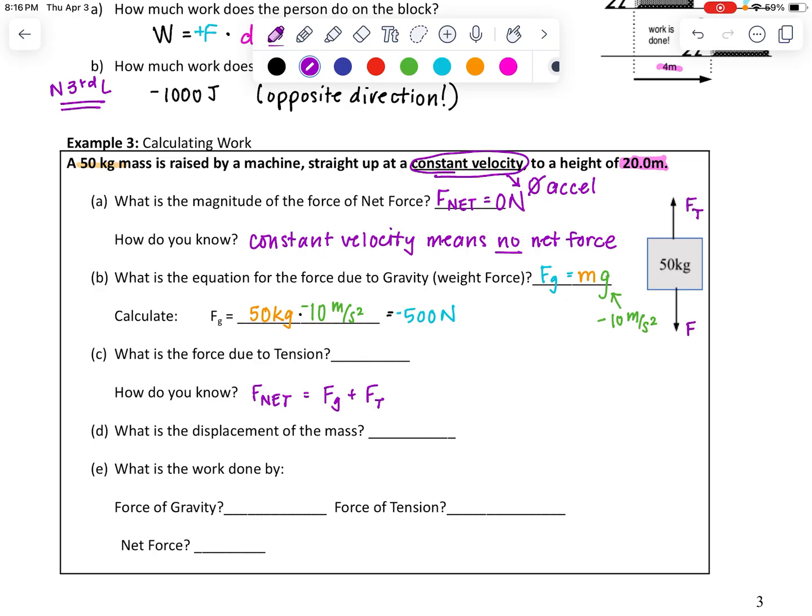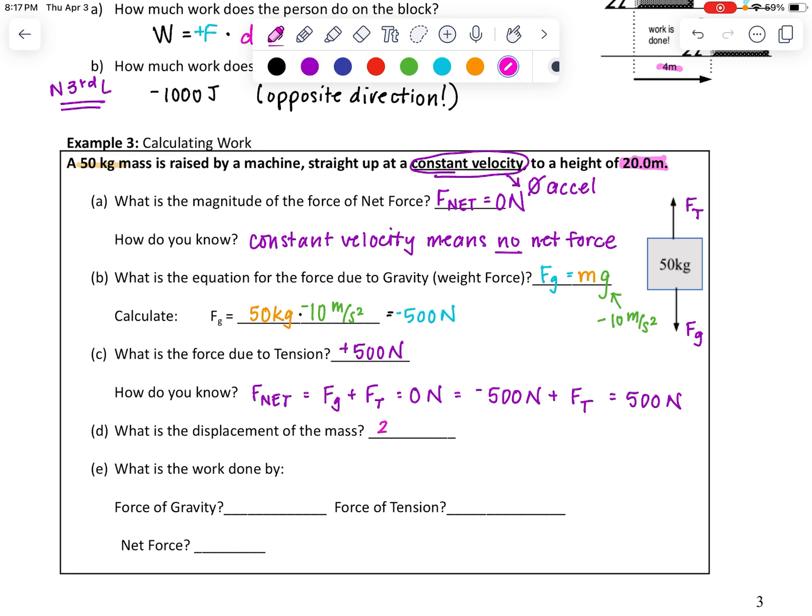This force from that box is Fg. And they have to be equal to each other because F net has to be 0 newtons. So if my force due to gravity is negative 500 newtons, what would Ft be? It would have to be positive 500 newtons, okay?